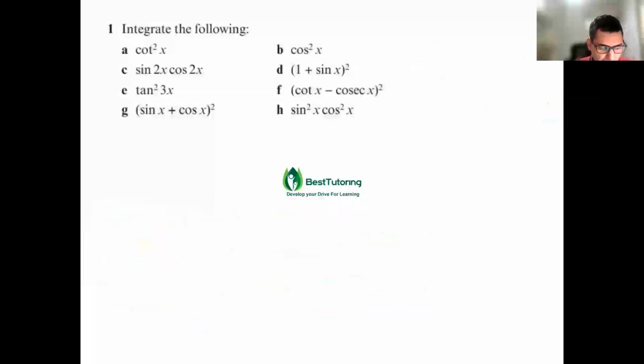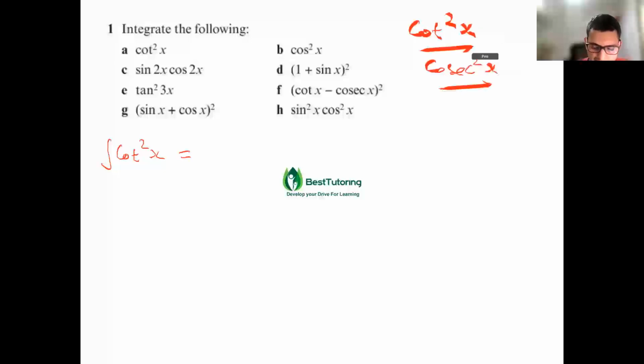Right, okay, so integration of cot square x. What is the integration of cot square x going to be? We are going to do it very, very quickly. Remember, guys, cot square x and cosec square x are sort of similar, like sec square x and tan square x.